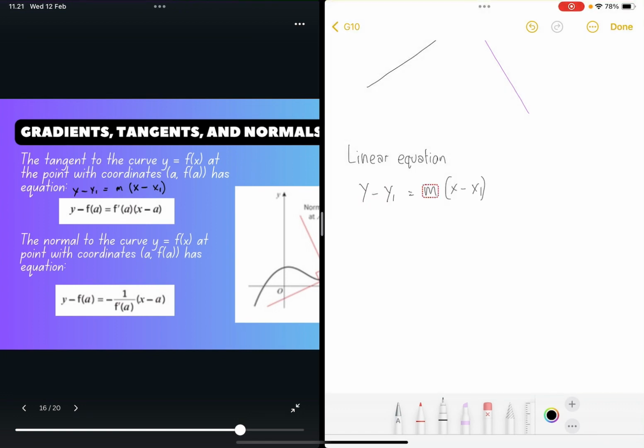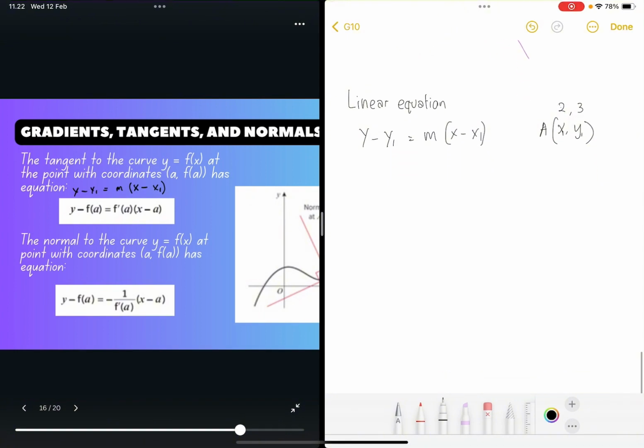We will use it. So if I have a specific point here, point A, which is (x, y), this is x1 and this is y1. Let's take an example: this x1 is 2, this y1 is 3.